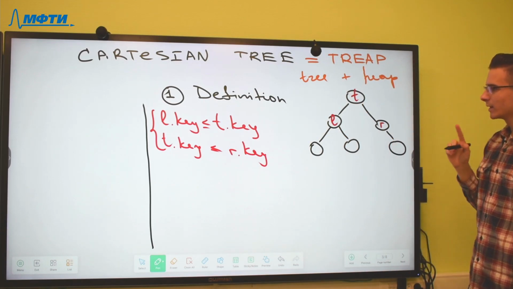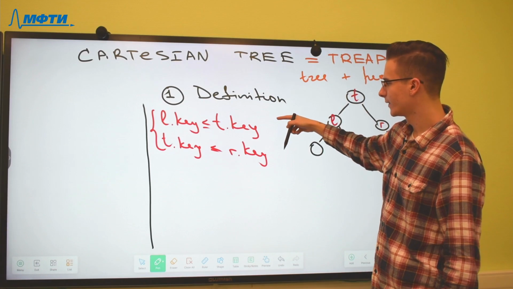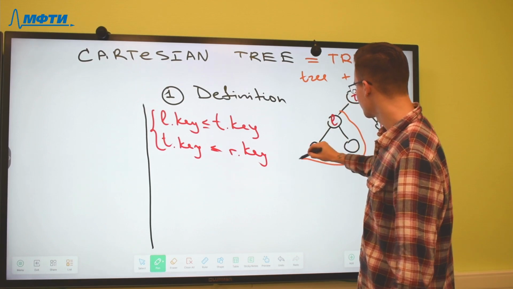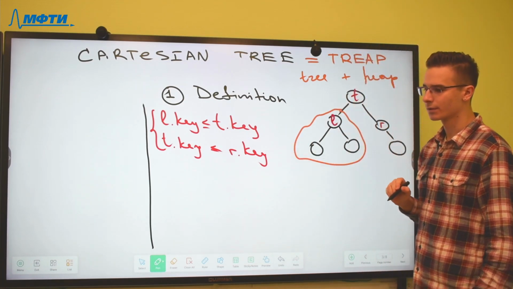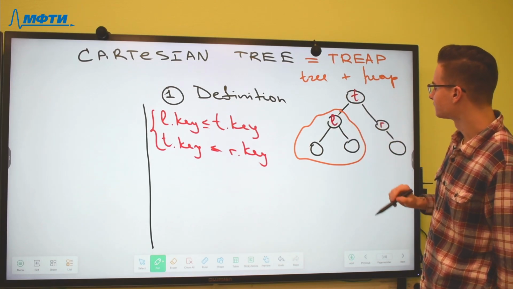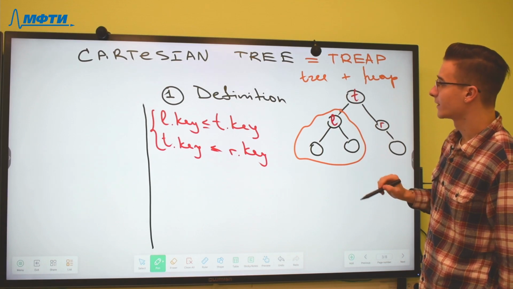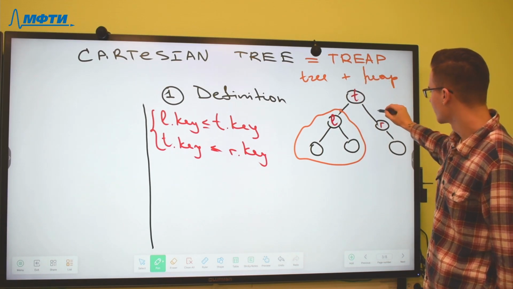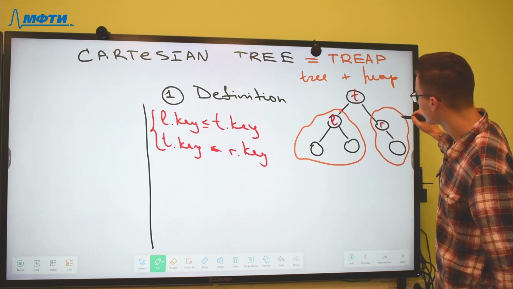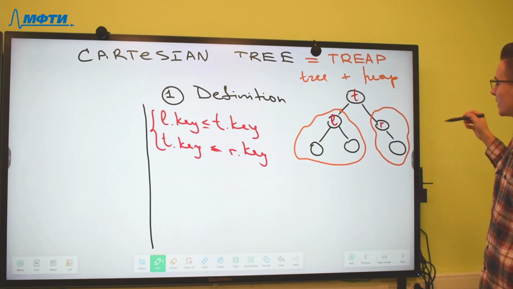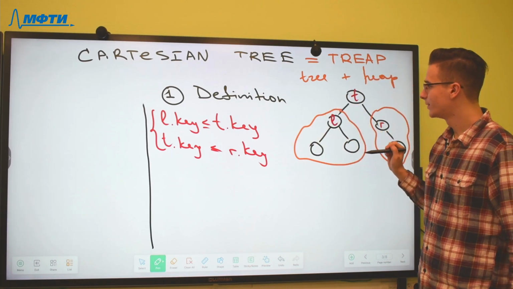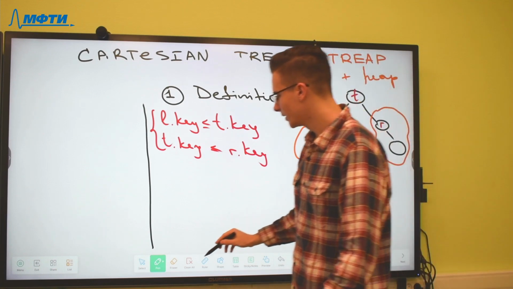So, firstly, of course, there is the tree property: the left subtree contains nodes with keys that are smaller than the key of the root, and the right subtree contains nodes with keys bigger than the key of the node. Okay, that is the tree property.